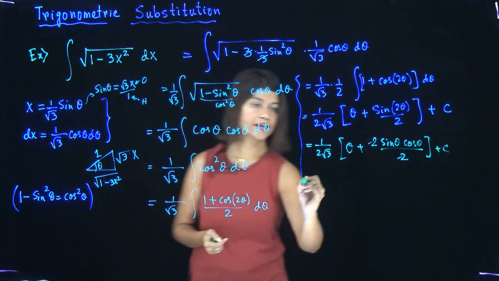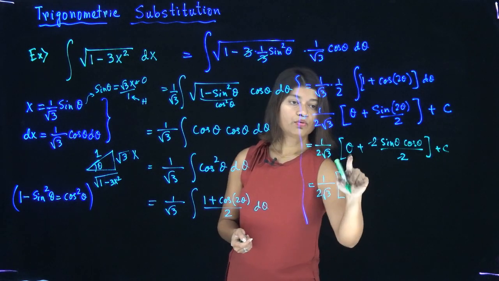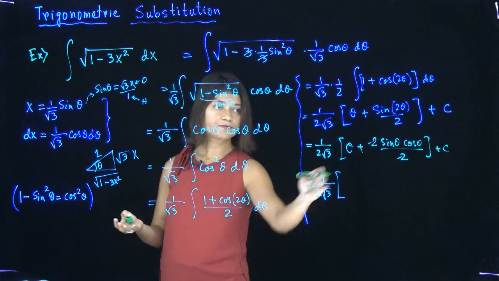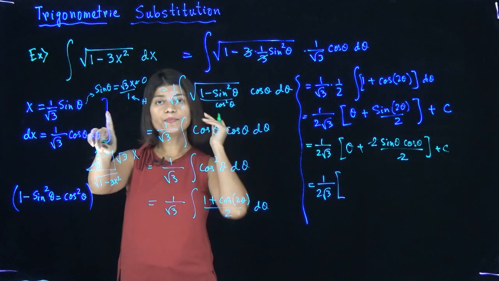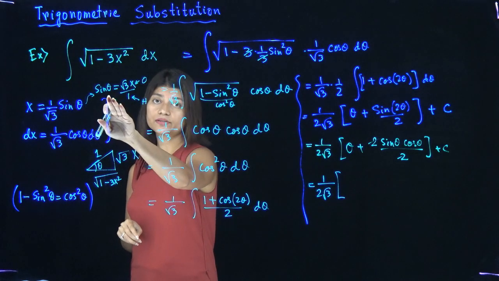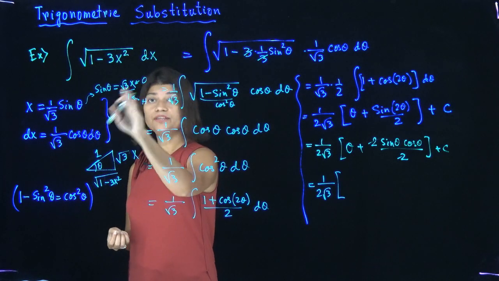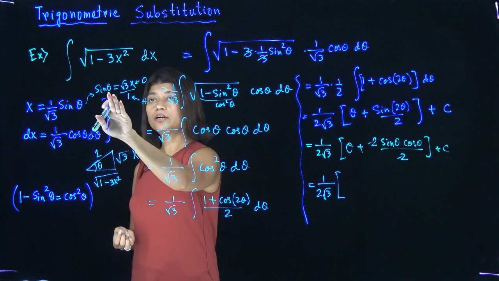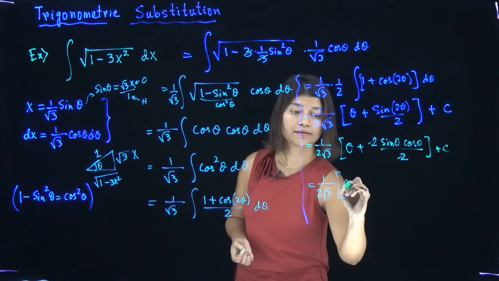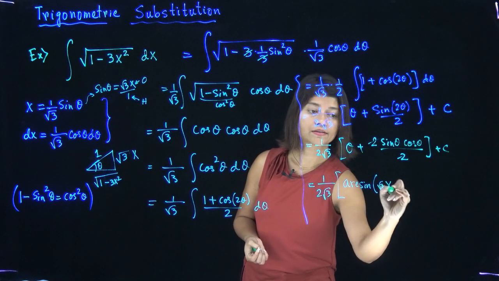So come back here now, and you need to write your answer. What do we do with the theta? There's no sine, cosine, or any trig function in front of theta. If that happens, if theta is by itself, only then you use the arc sine, or sine inverse in this case, the inverse trig function. Sine theta is square root of 3 times x, so theta will be arc sine of square root of 3 times x.